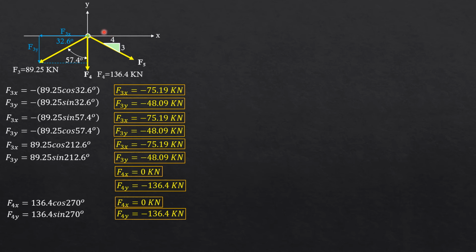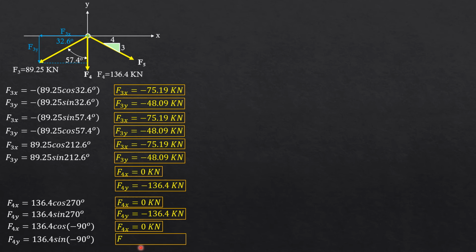In terms of negative angle from the positive x-axis in clockwise direction, it is negative 90. So F4x is 136.4 cosine of negative 90, and that should also be 0. And F4y is 136.4 sine of negative 90, and it is equal to negative 136.4.